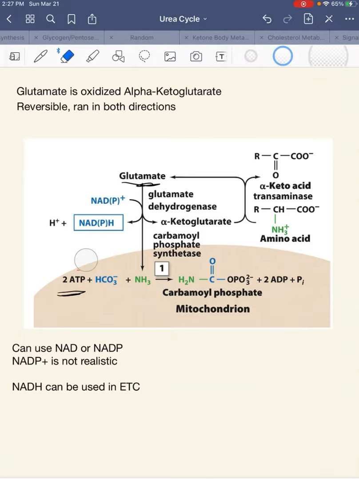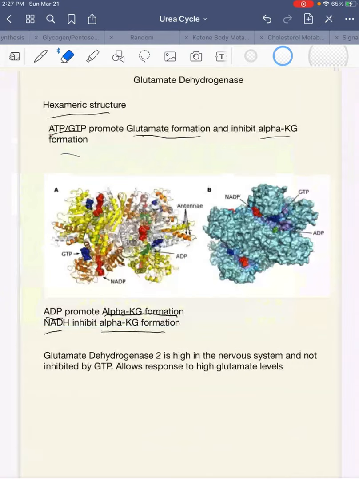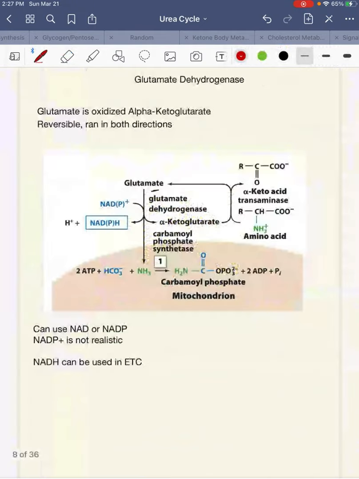Okay, so back to the ATP. Right, because, okay, so I'll explain it better. If ATP accumulates, it will go back and inhibit this reaction, and this will favor glutamate, okay? And then ADP would do the opposite.